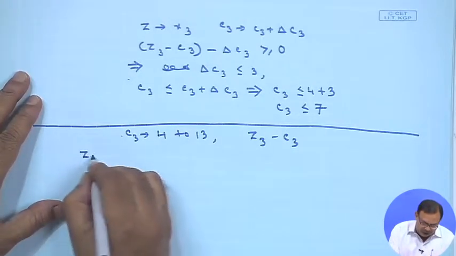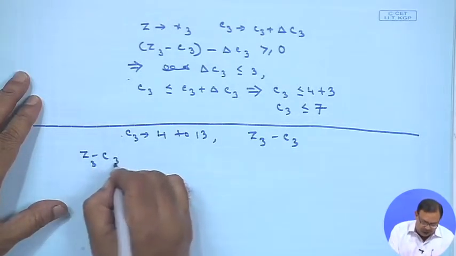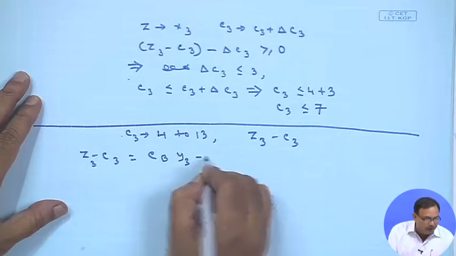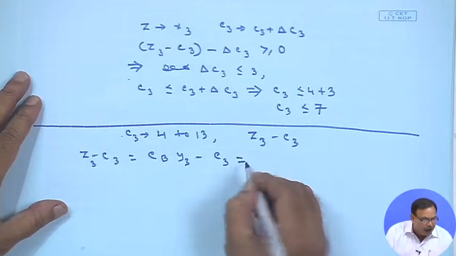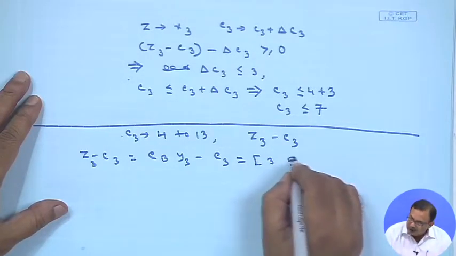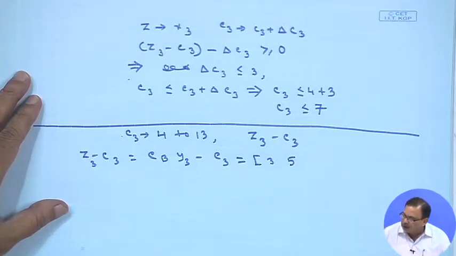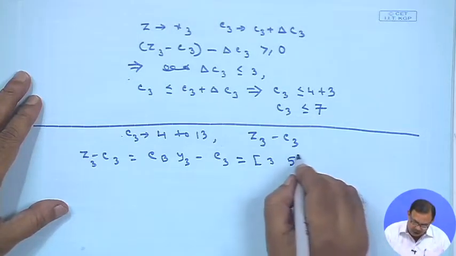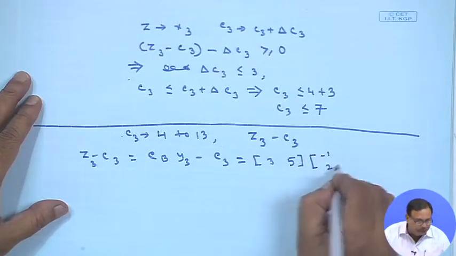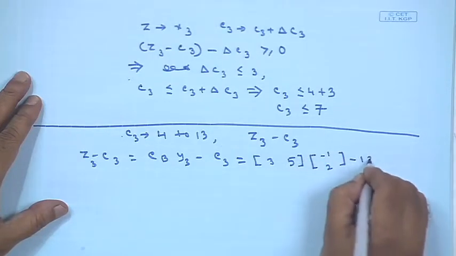What is your Z3 minus C3? Z3 minus C3 is nothing but CB Y3 minus C3, and CB Y3 is 35. This I can obtain from this one, CB and Y3 is minus 12, minus 13.